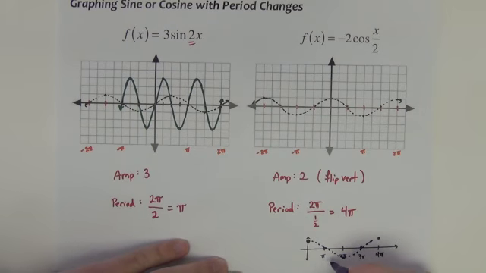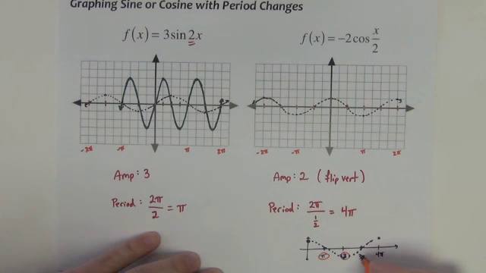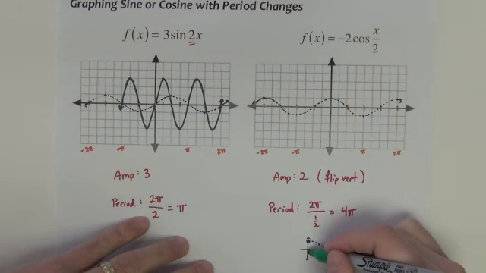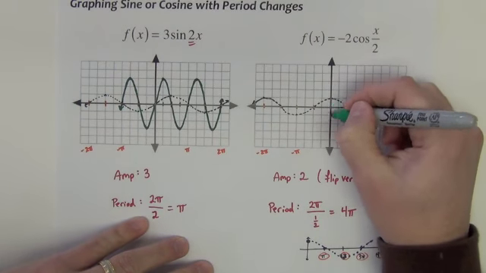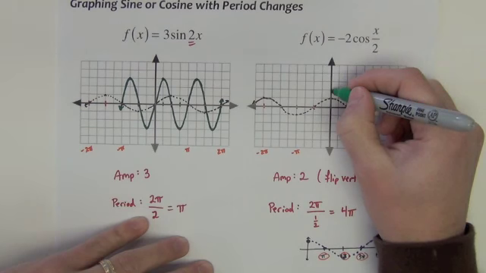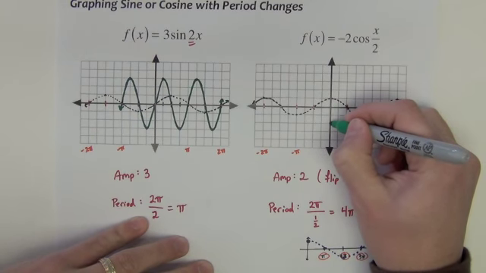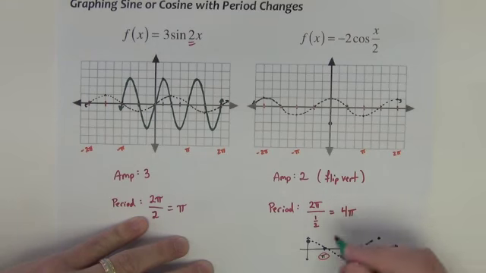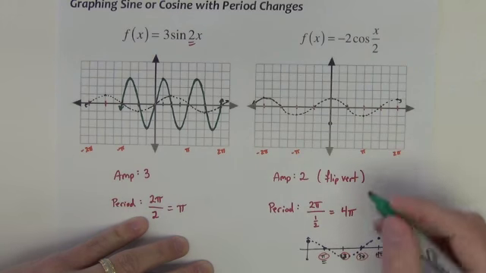Most important, what I'm trying to make sure that we see is these are the x values where I'm plotting points, at least the ones that fit on my graph as I have it set up. So the first point at 0 here is going to go to its amplitude 2, but it's going to reflect, it's going to be down here. Next point goes all the way out to pi, and it should return to the x-axis at pi.